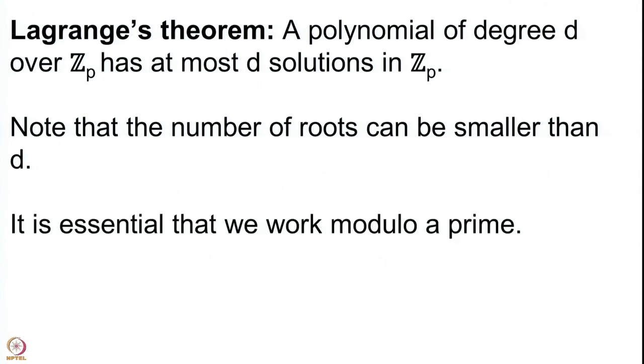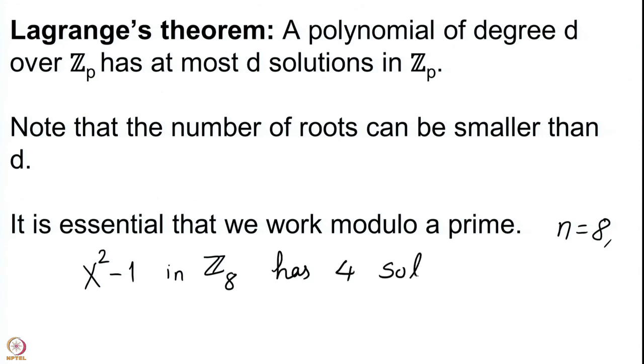What if we work with something which is not a prime? Does this result still hold? No, it is important that you work modulo a prime. If you take n equal to 8 and we solve the equation x square congruent to 1 mod 8, then x square minus 1 in Z8 has 4 solutions: 1, 3, 5 and 7.